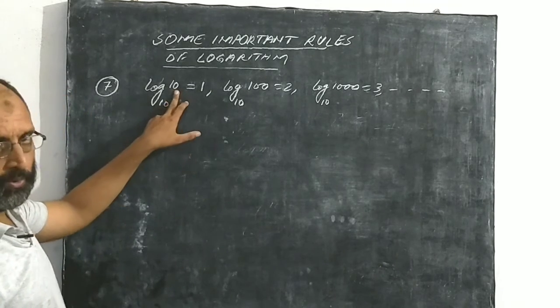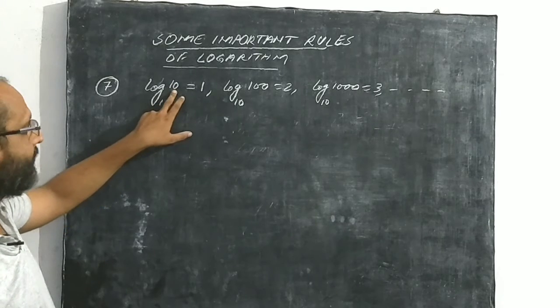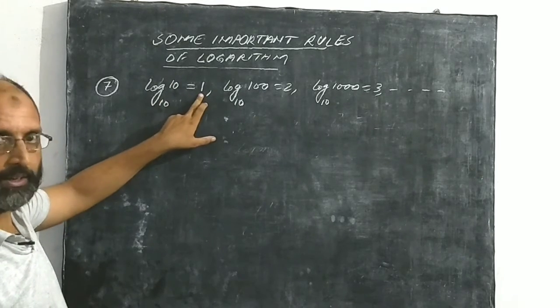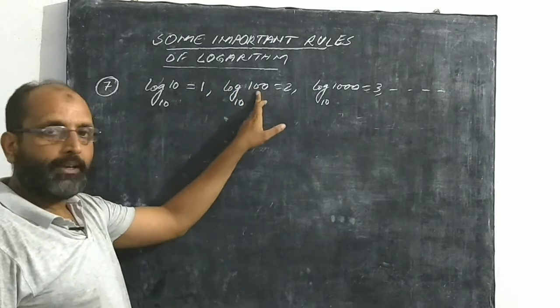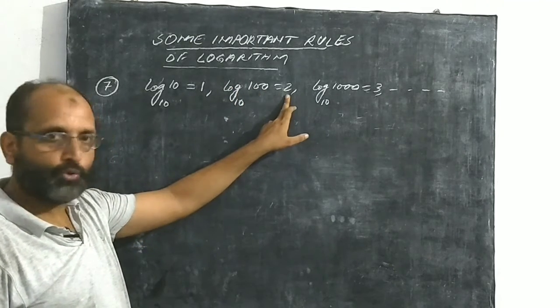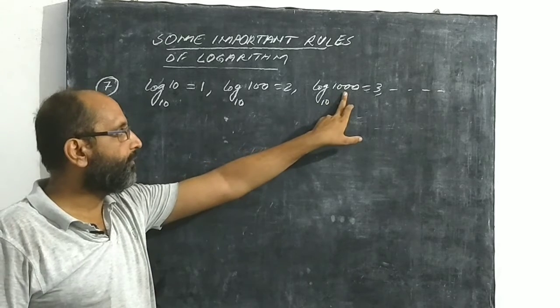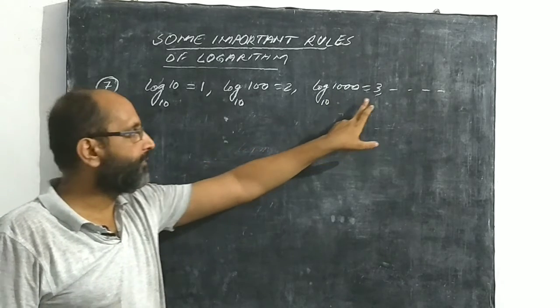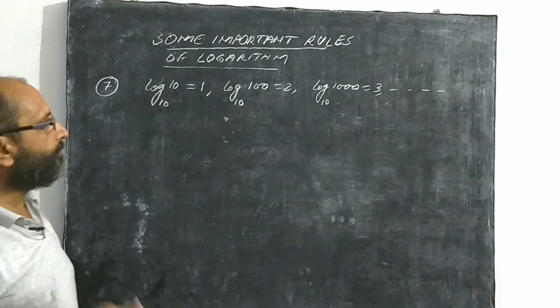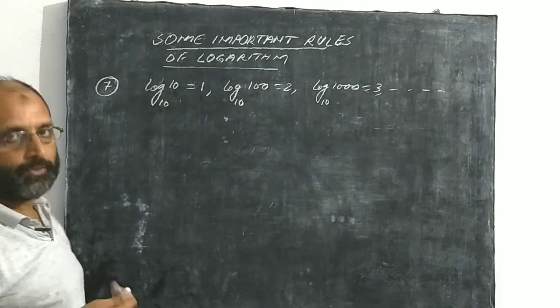There is only one zero in 10, so with base 10 its value is 1. In case of 100 there are two zeros, so its value must be 2. And if we take the log of 1000 with base 10, its value is 3. This law is very frequently used in physics.